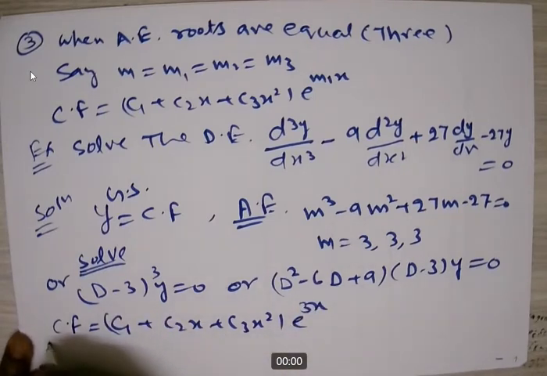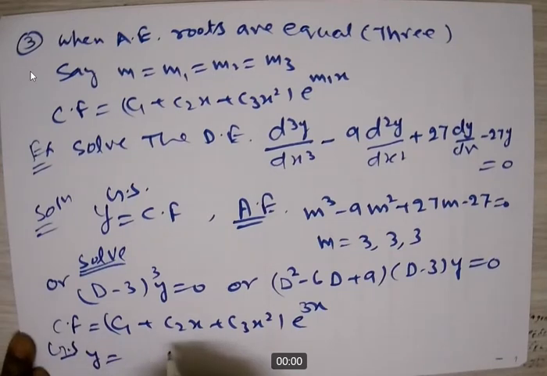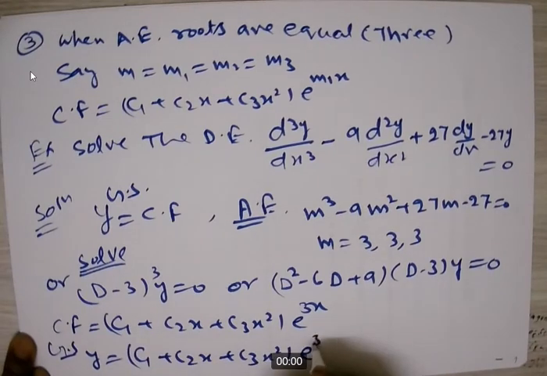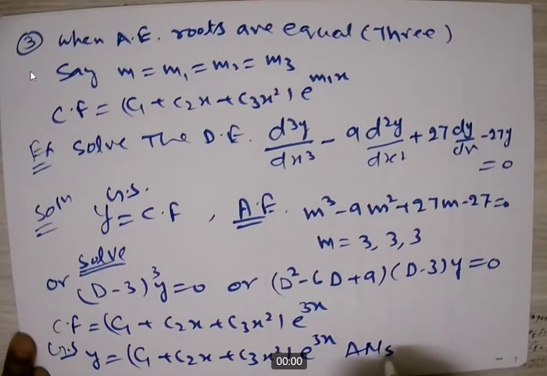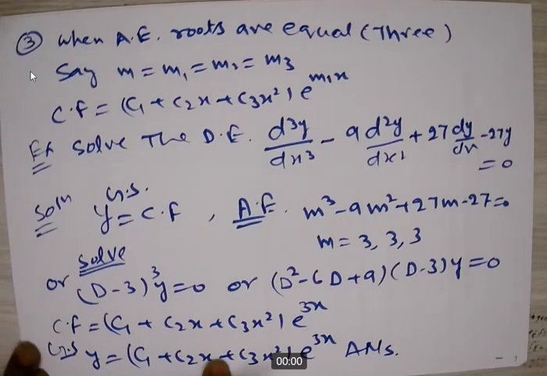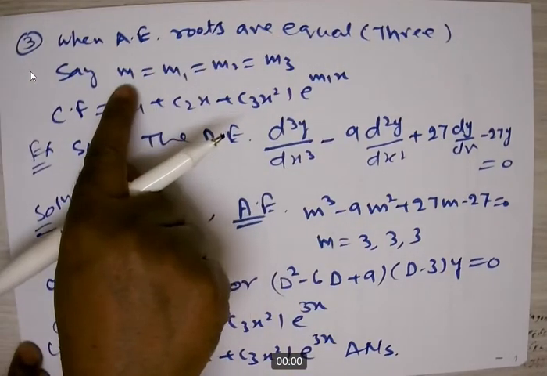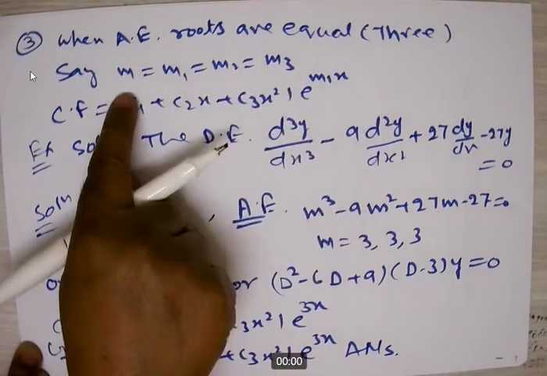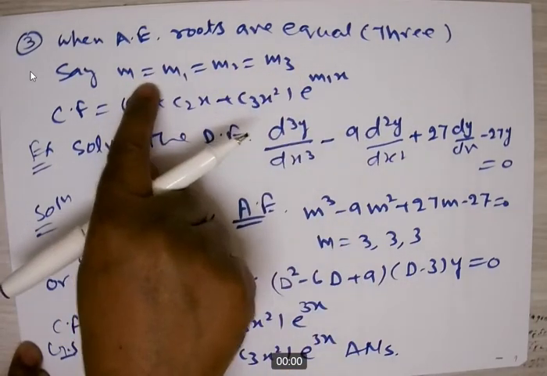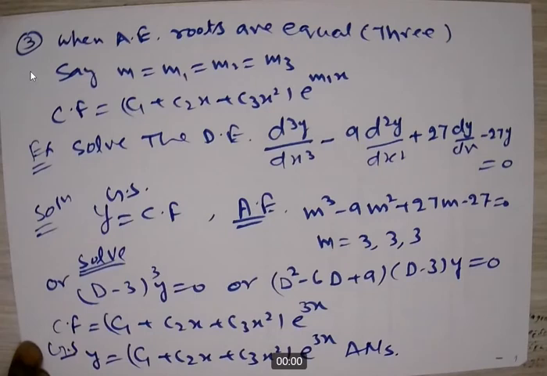Or you can say the general solution is y is equal to (c1 plus c2x plus c3x square) e power 3x. This is the answer. When case number 3, when 3 roots of the auxiliary equation are equal, that means m equal to m1, m2, m3, then the complementary function will be written like that.